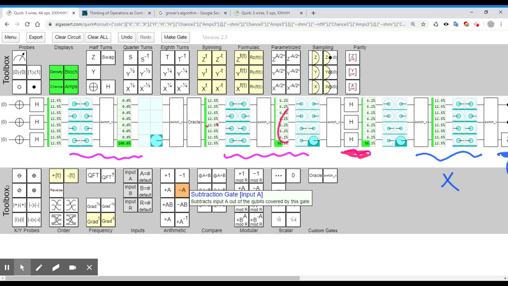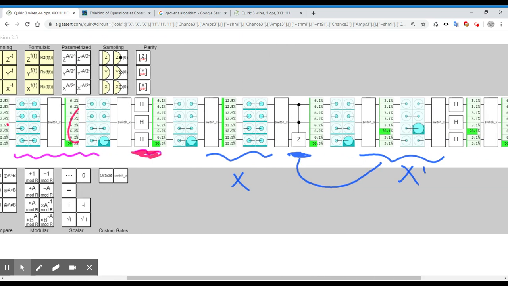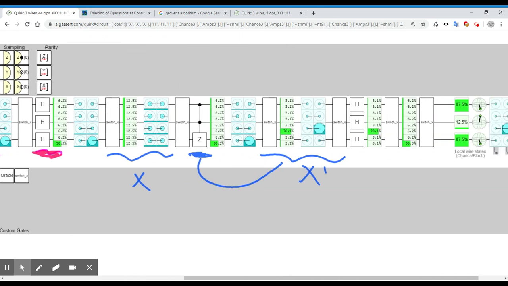Hmm. I can't find an intuitive explanation for this.